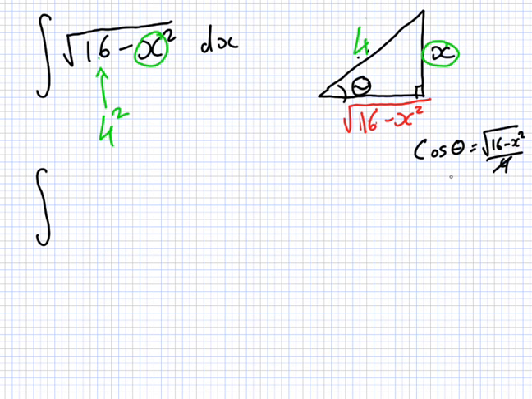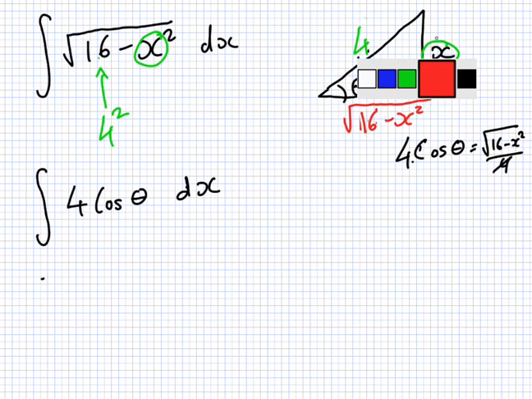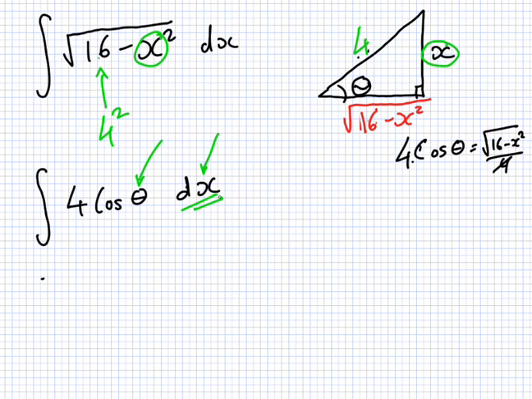So 4 cos theta is the square root of 16 minus x squared, and you can change this into 4 cos theta dx. It looks a lot easier, but here is theta and here is x, and we need to change this into d theta.